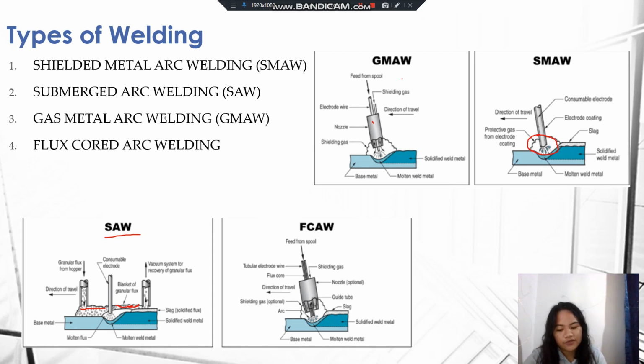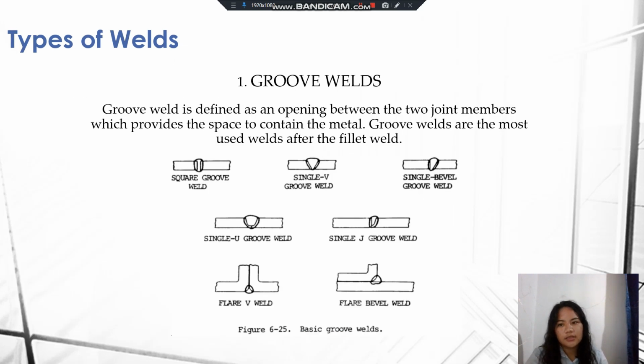The core material provides the same function as does the coating in shielded metal arc welding or the granular flux in submerged arc welding. This process is a useful procedure for field welding and in severe cold weather conditions as well as to speed up high-rise constructions. Next is the types of welds.